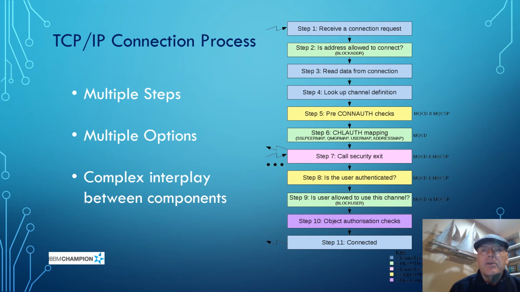I exercise some rules, again, channel authentication rules. Now I may call a security exit that may be blocked there. There's a number of steps that go through to get connected, and this is actually all happening after you would clear a SSL/TLS connection.